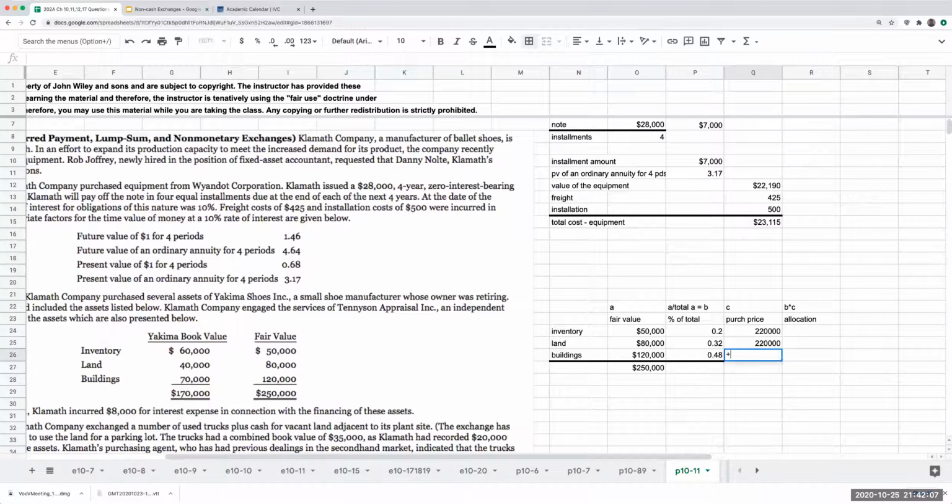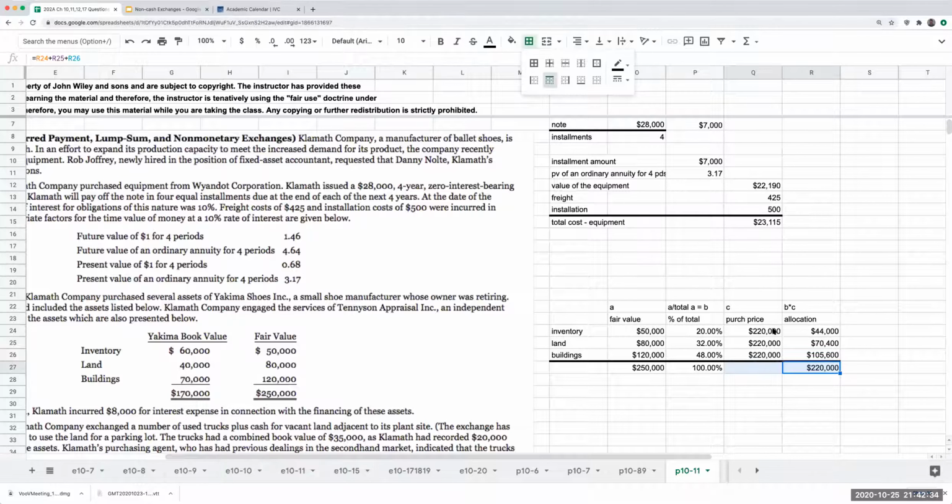So here my purchase price is 220. My allocation is going to be the percentage of the total times the purchase price. And just to make sure that I've done this correctly, I can add up my numbers here. So I'm going through and allocating over here.